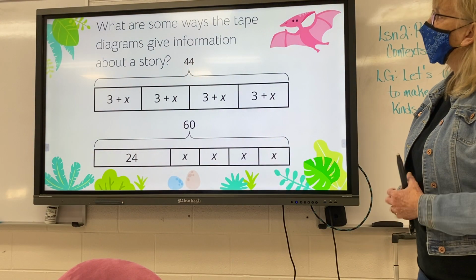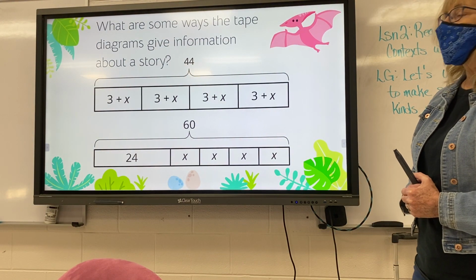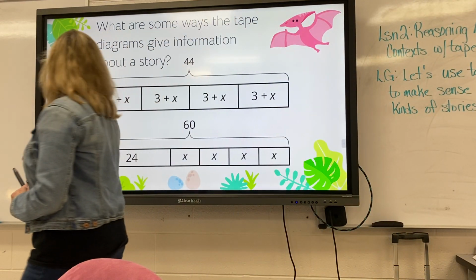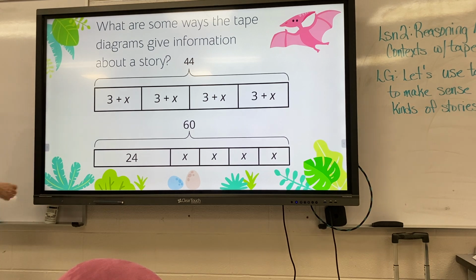All right, so what are some ways that the tape diagrams gave us information about the story? So let's look at this first one. What could the story be for that tape diagram? Think gift bags.